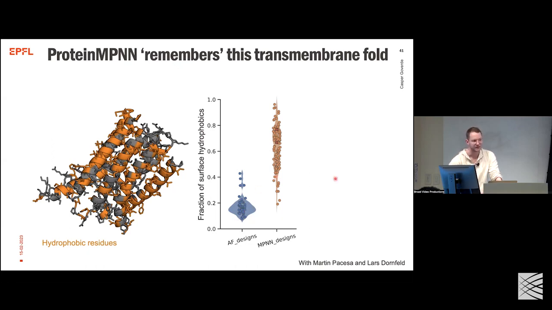But then when you pass it through ProteinMPNN, it recognizes the fold as a transmembrane fold, and it places the hydrophobics back on the surface. So this was one of the problems we first ran into.